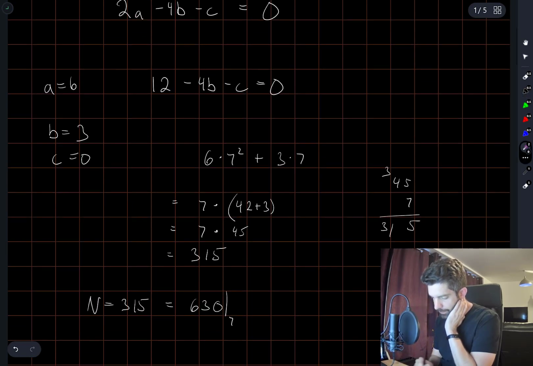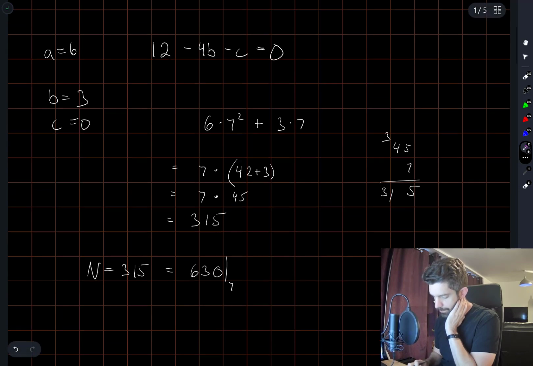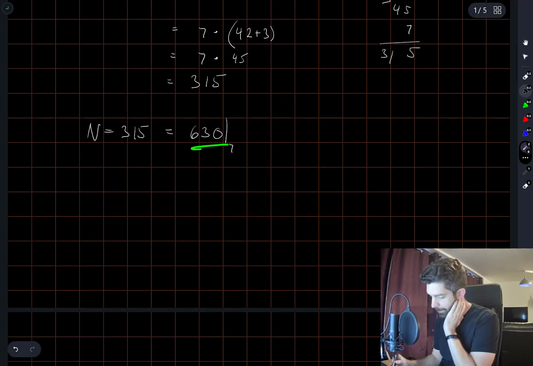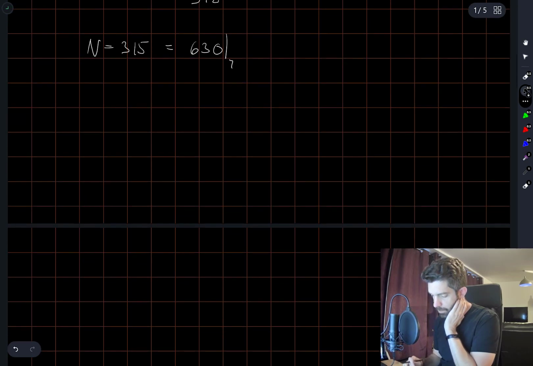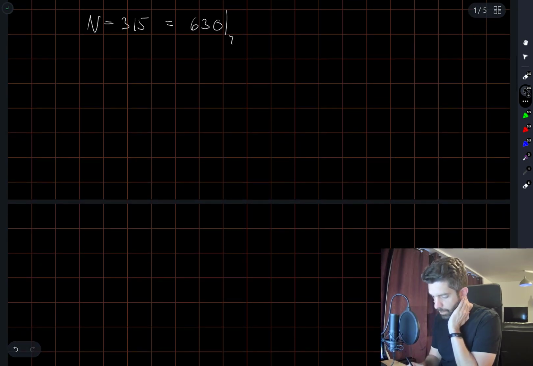The way I found this, this is certainly the largest base 7 3-digit number. Let's figure out now if it's even possible to have a 4-digit one.